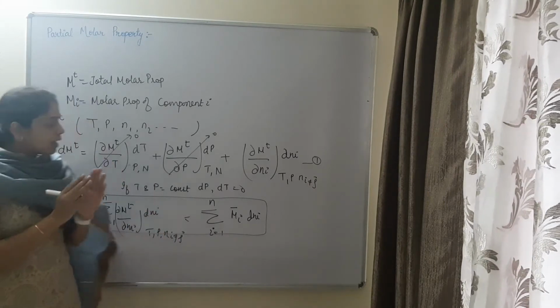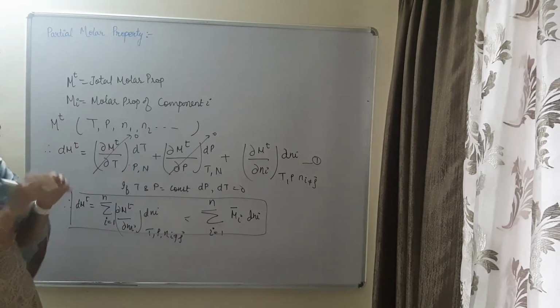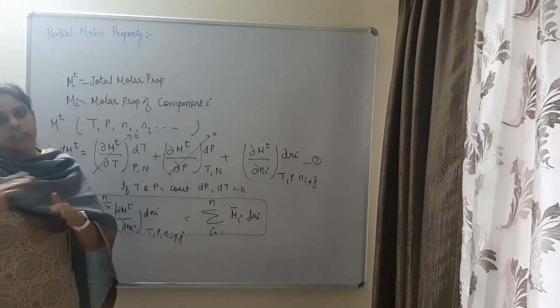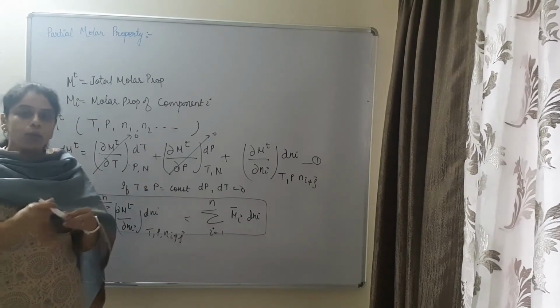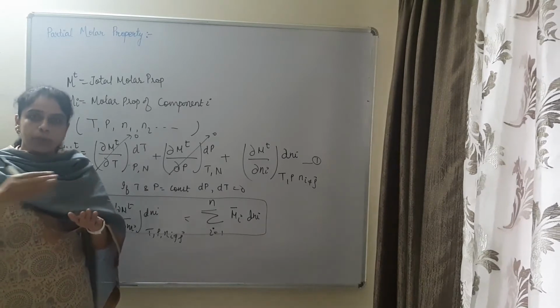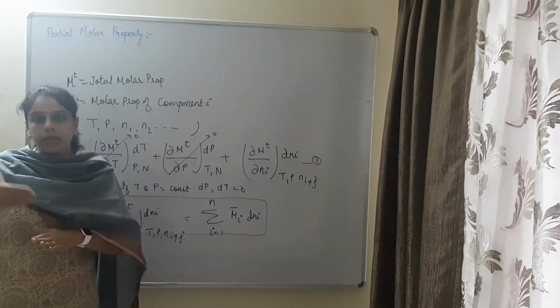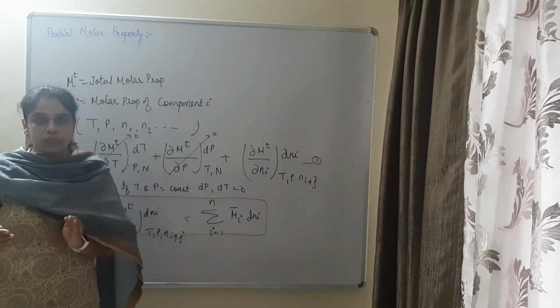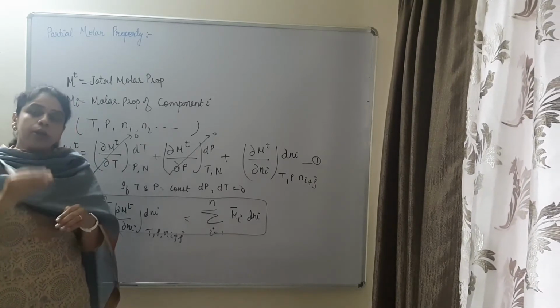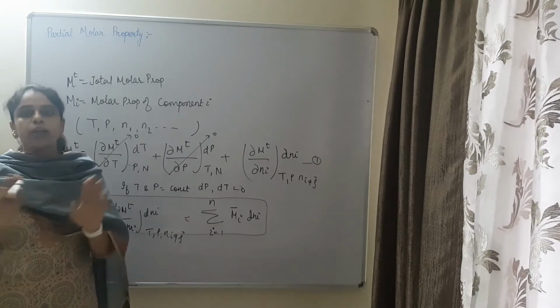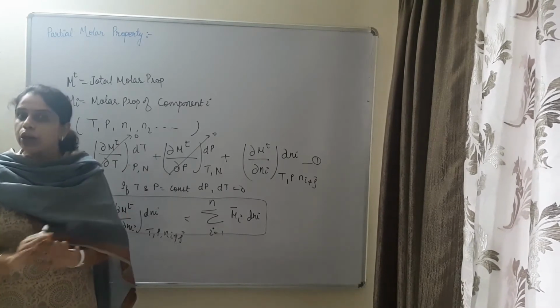Now let's take a solution where you keep temperature and pressure constant. If there are n constituents present in the solution and you change all of them simultaneously in the same proportion, then your partial molar property is not going to change.